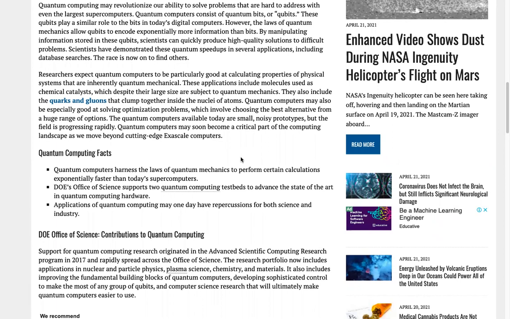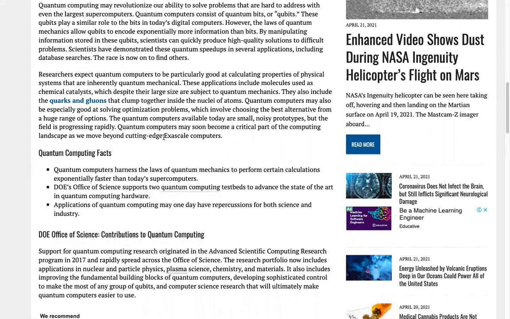Every day, if you search for the quantum keyword, you'll find many papers and articles coming out, and there's a lot of exciting research going on in both software and hardware, which they're building out in parallel, which is exciting. So quantum computers may soon become a critical part of the computing landscape as we move beyond the cutting edge exascale computers.